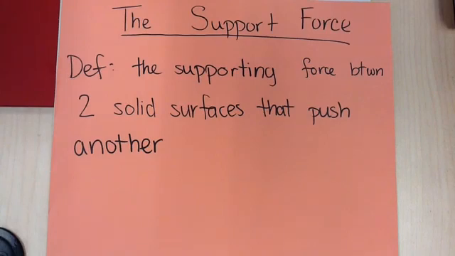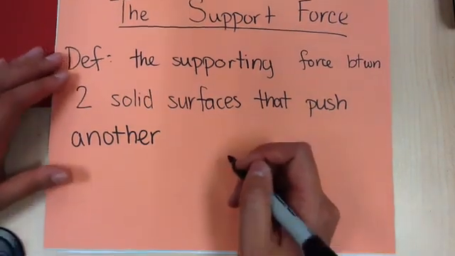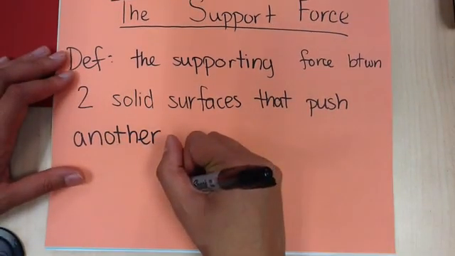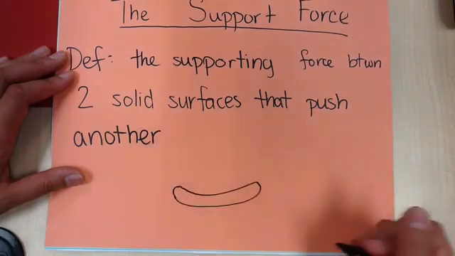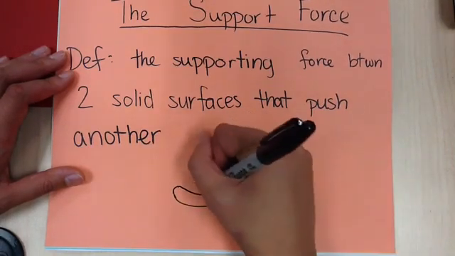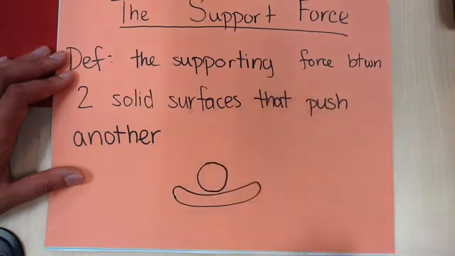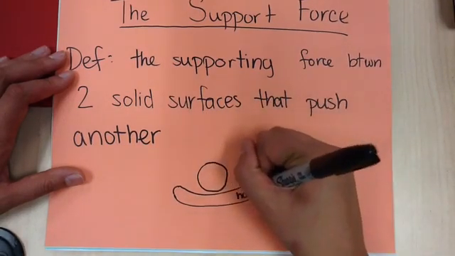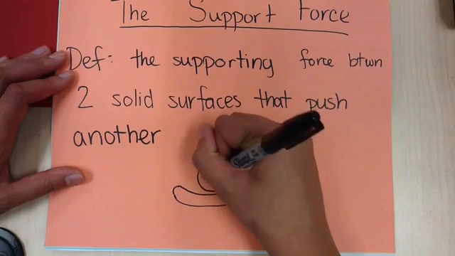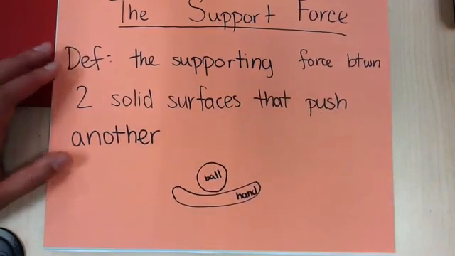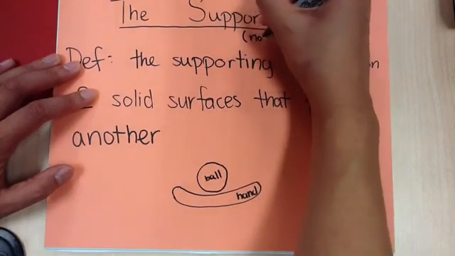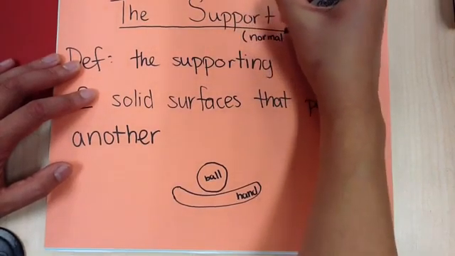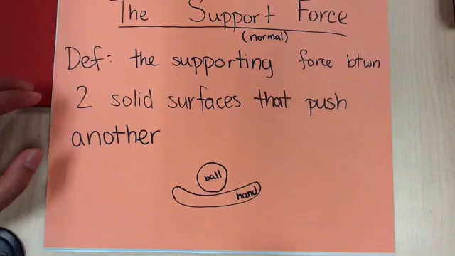And the way you want to think about this is if you have your hand like this, and it's holding up a ball, the support that your hand gives the ball keeps it from falling. Now, like I said, it's also called the normal force. In every other physics textbook, except the one that you and I use, it's called normal.